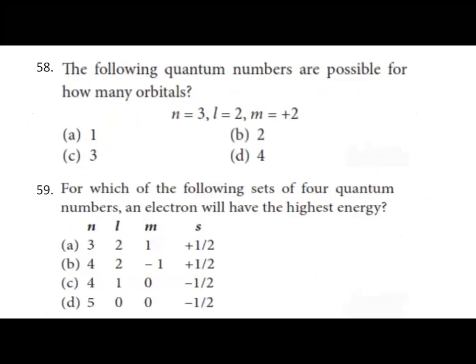Next, the following quantum numbers are not possible for how many orbitals? Okay, so here again, let us see. They have given quantum numbers n is equal to 3, L is equal to 2, M is equal to plus 2.